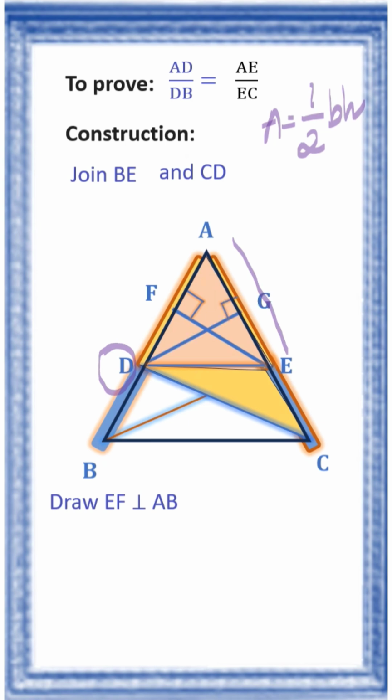Which perpendicular? Not DC, DG. So now draw DG perpendicular to AC. Now what will you do? So now we have all the construction parts. Okay, I hope you have understood this concept.